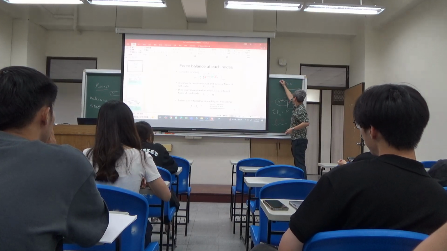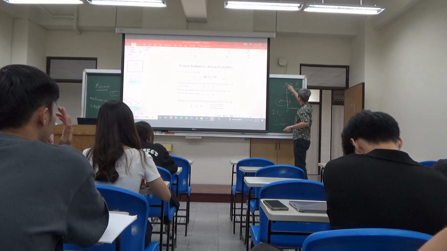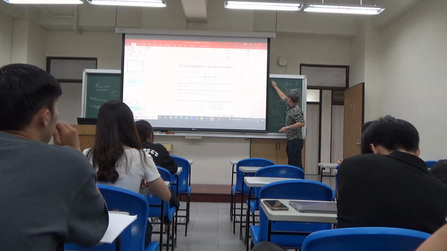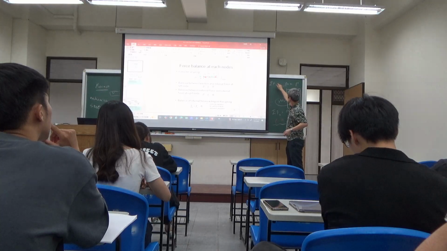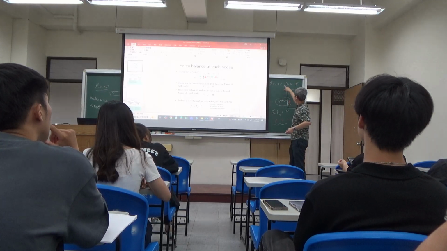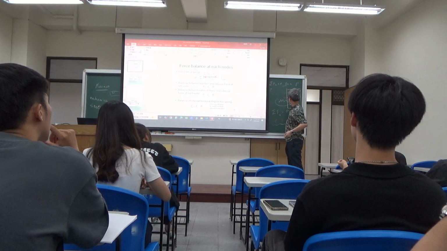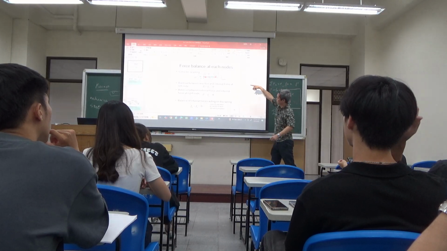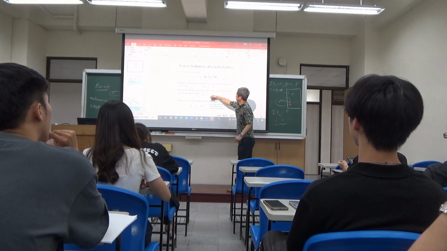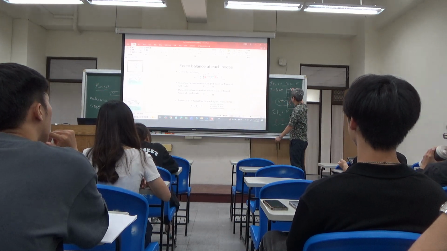So if you write these, it's still 0. Force P is positive because it's along the x. The internal spring force is negative, because it's opposite to the x direction.